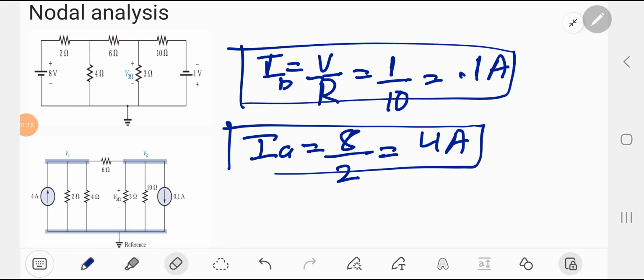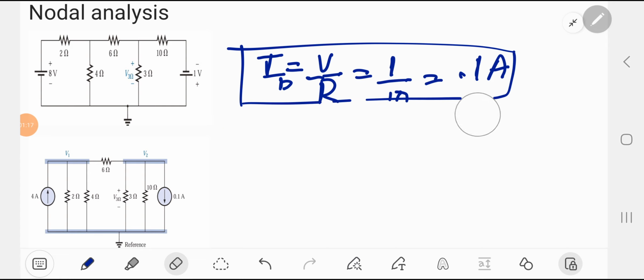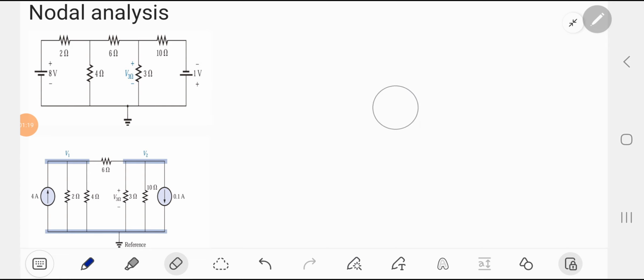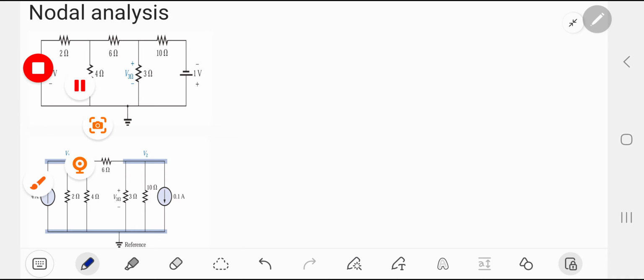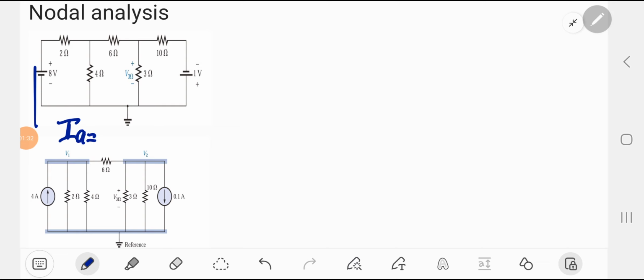Now we found that IA is equal to 4 ampere, IB is equal to 0.1 ampere.